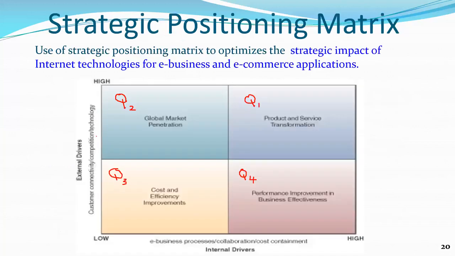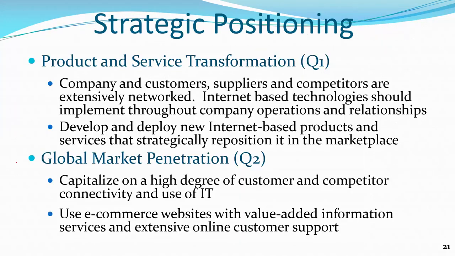So you have good connectivity with the customer and the competitor. Use an e-commerce website with value-adding information services and extensive online customer support, because you can improve customer support and take the benefit out of customer-related activities.